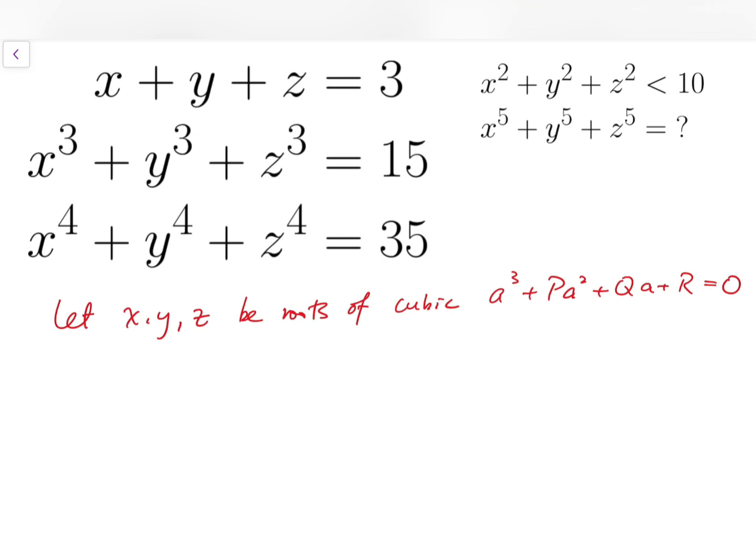Then we know that to have x, y, z as the roots, the equation at the left is equivalent to saying that it can be factorized as a minus x multiplied by a minus y multiplied by a minus z.